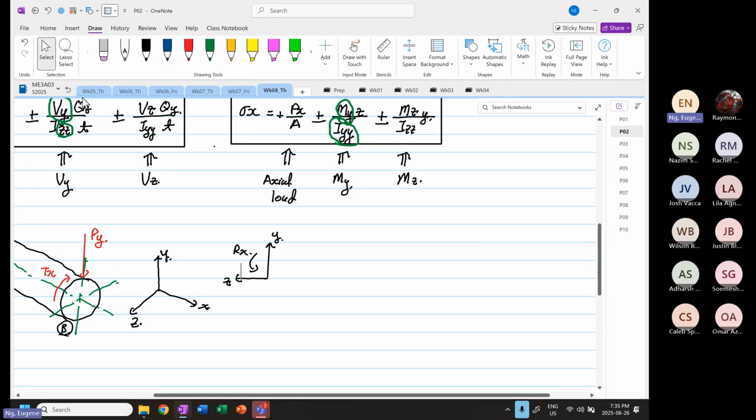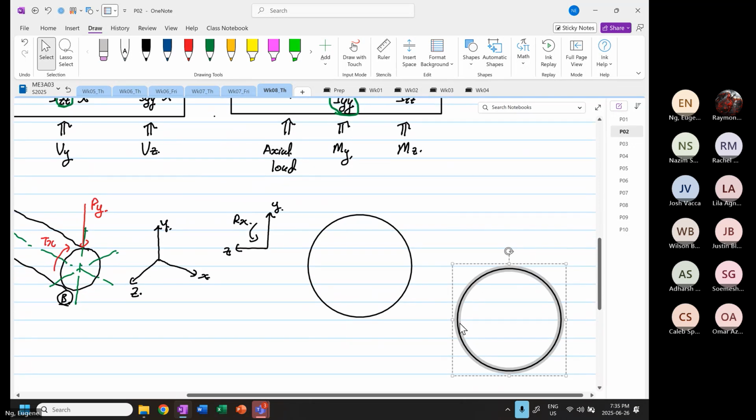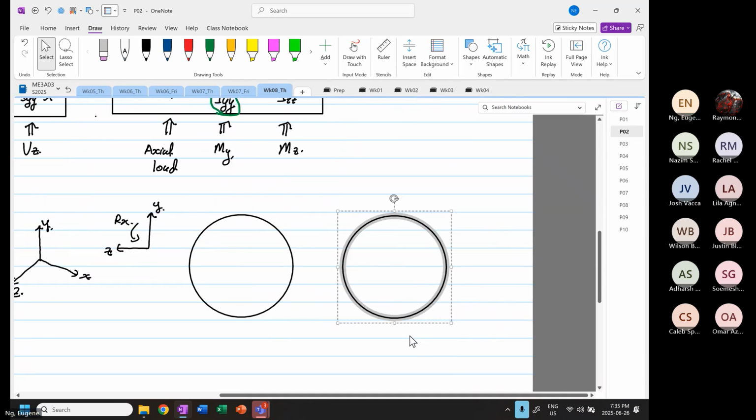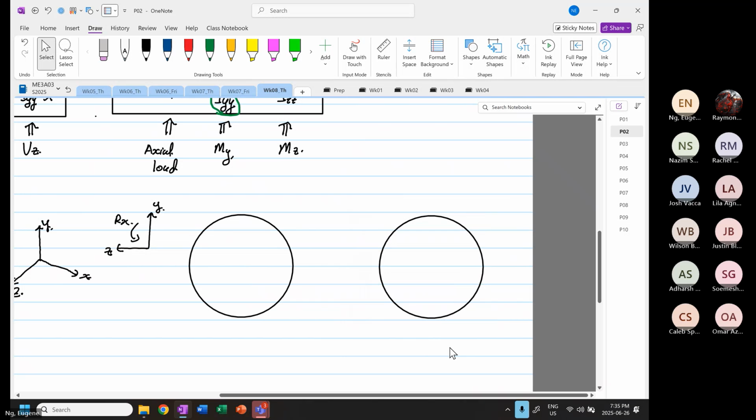So now this is the cross-sectional view. Okay. This is our cross-sectional view. So now, what I want to highlight over here.